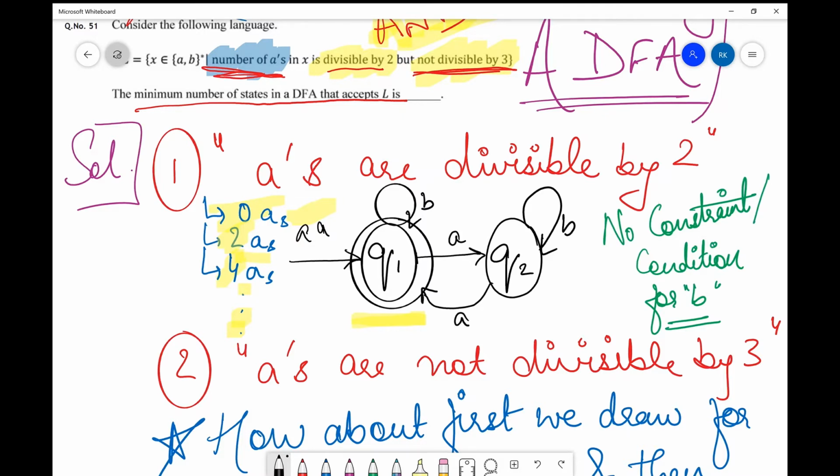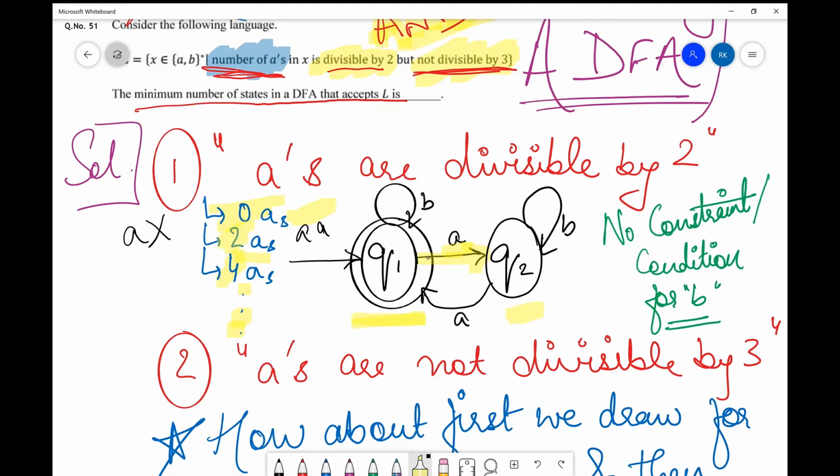Now to get this AA accepted, what else comes to your mind? The next thing that comes to my mind is that strings with a single A should not be accepted. That means I need another state from which I can reach strings containing a single A, and I should make sure that this is not the final state.